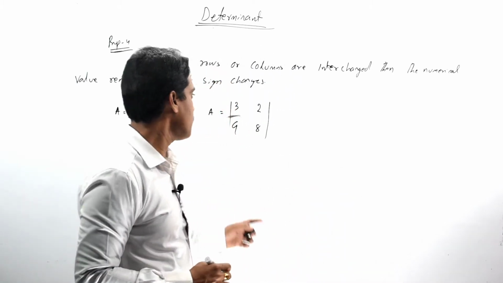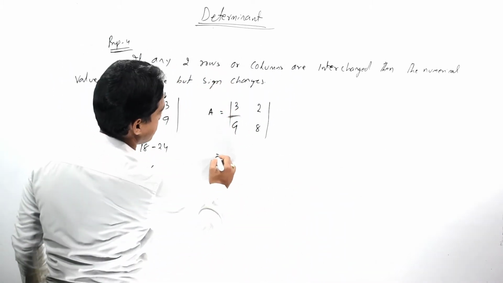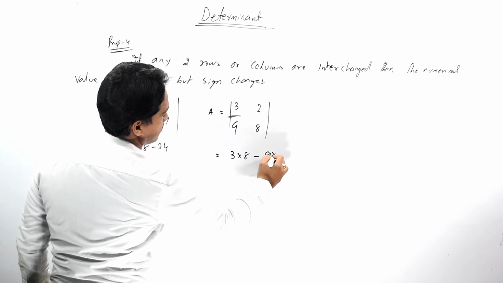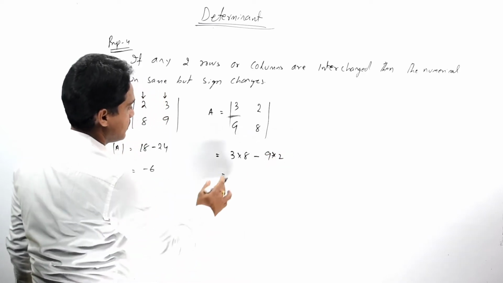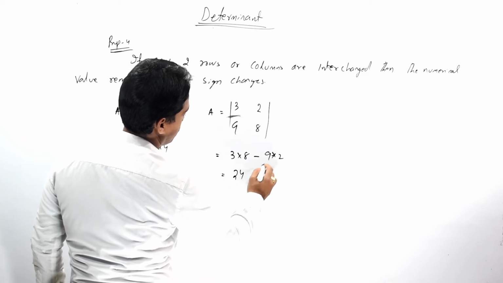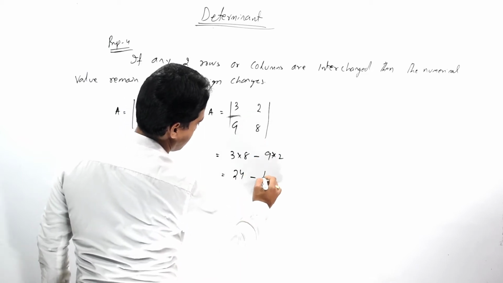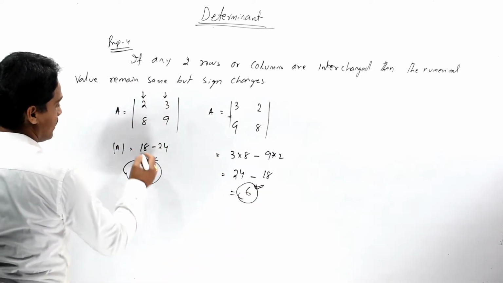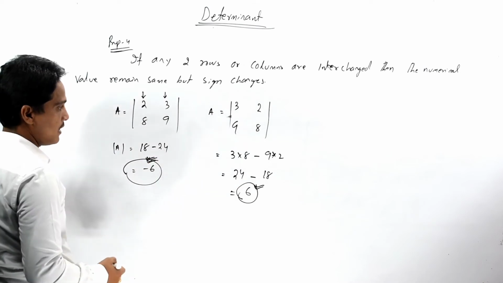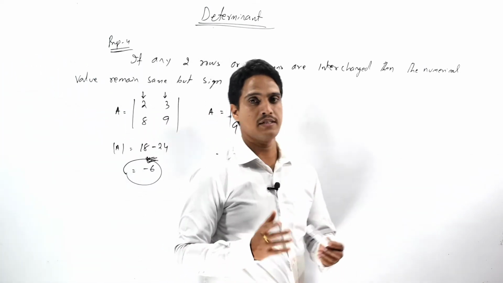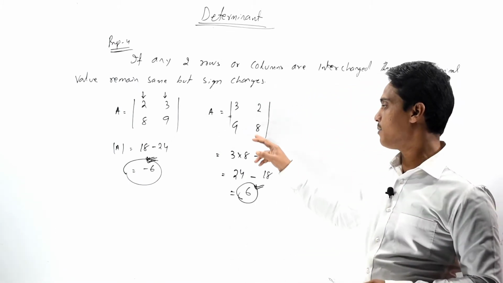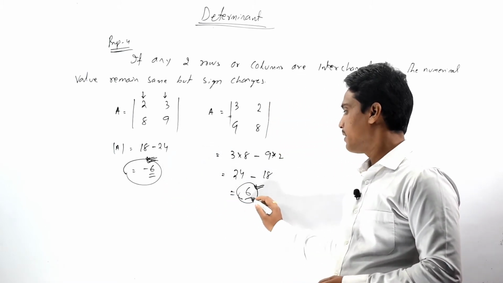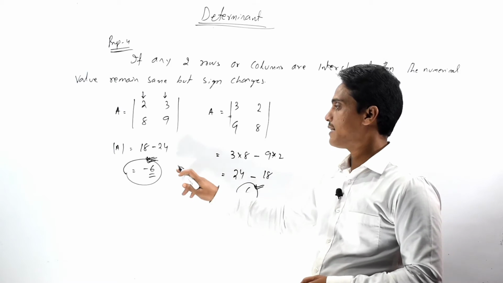So the value of the determinant is 3 into 8 minus 9 into 2, that is 24 minus 18. So the value of the determinant is 6. So here the value of the determinant is minus 6, but while we interchange the columns, then the value of the determinant is 6. That means our numerical value remains same but sign changes.